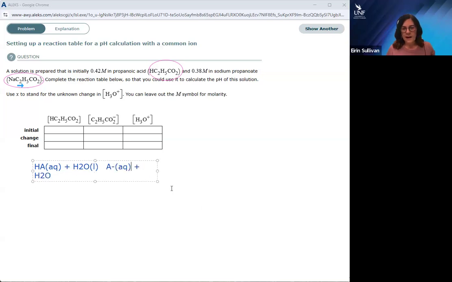AQ and H3O plus will be my hydronium ion, AQ. Then if I draw in my correct equilibrium arrow, okay, so that is an equilibrium situation.